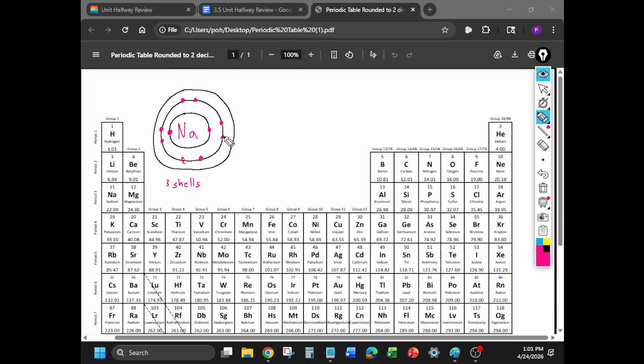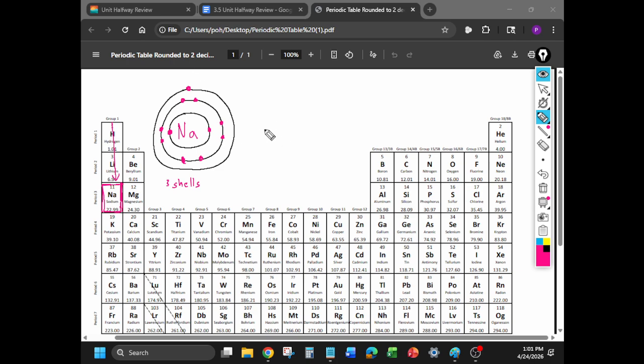And then the last shell has 1 electron. You can tell how many are in the last shell because sodium is in the first box on the first row. If it's in the first box, it's going to have 1 valence electron. So that's the shell model, and if you wanted to take your time on the exam and be really sure about your answer, you can draw it, but it's not a requirement.